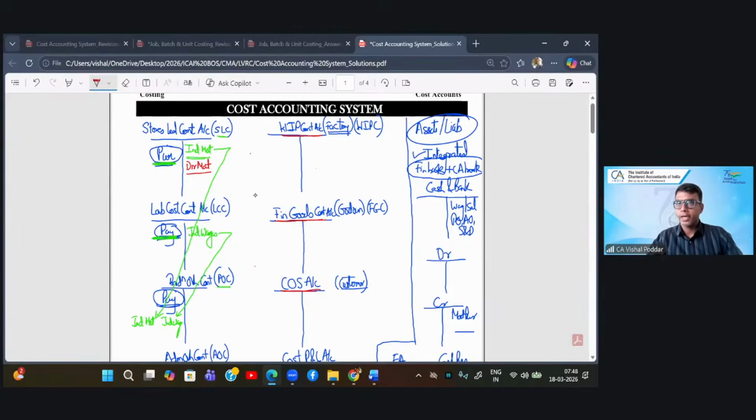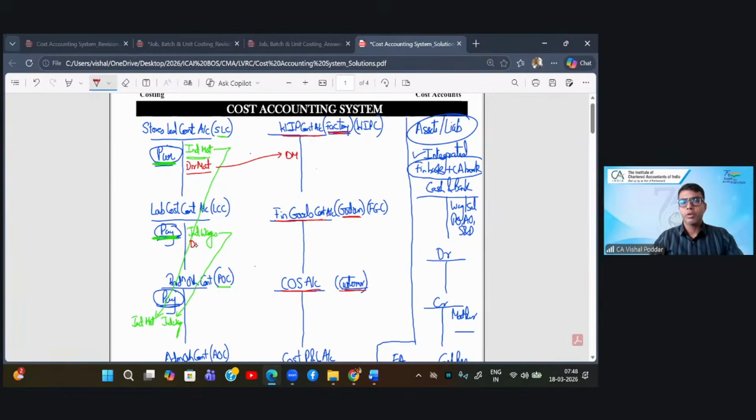So every product is appearing in three stages. Now you have to understand by this what I have given, which expense is incurred when or which expense will be charged where. Now, when direct material is consumed for production, where is production happening? It is happening in the factory. So you will charge it here.